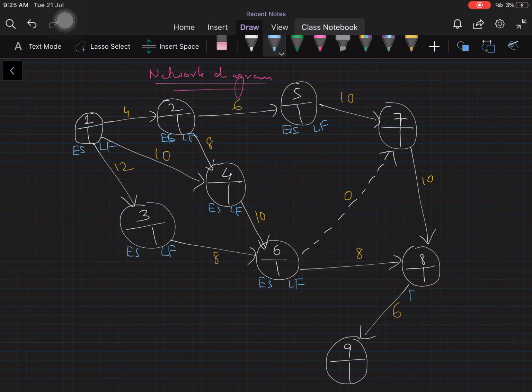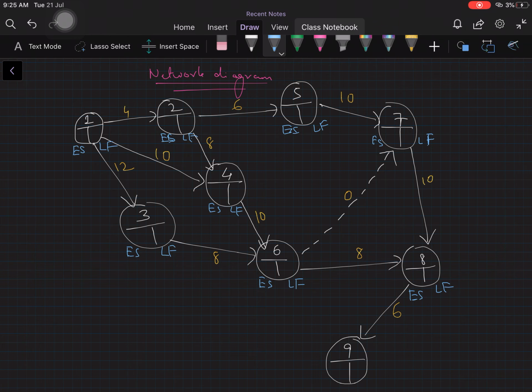Then ES and late finish. So here we have ES and this is late finish. Okay, so early start and late finish for each and every event.